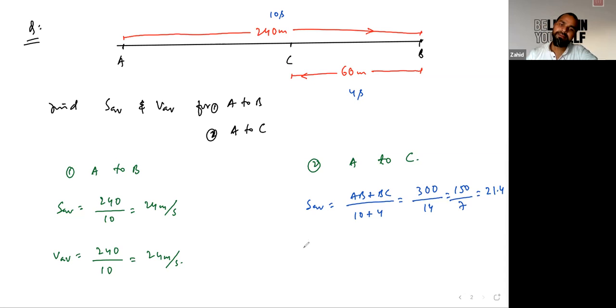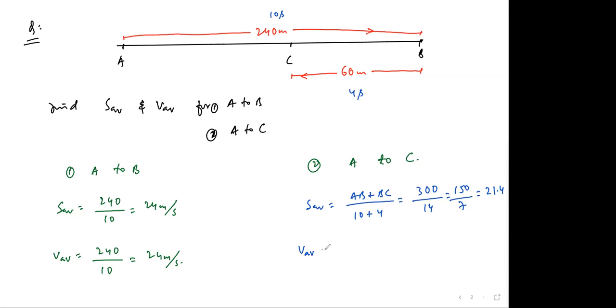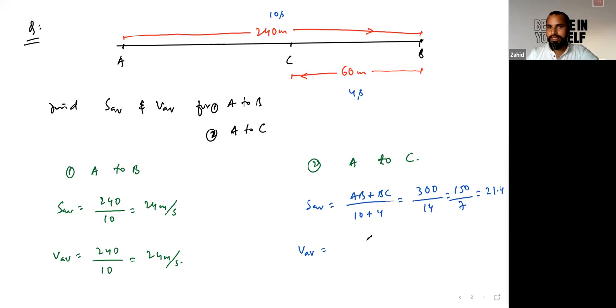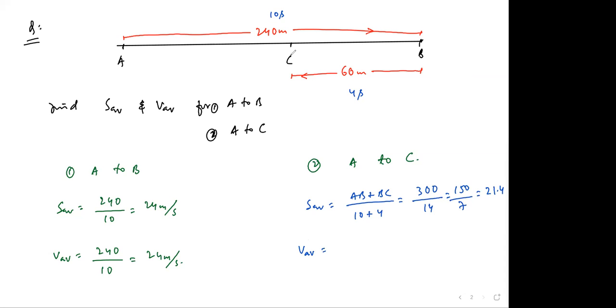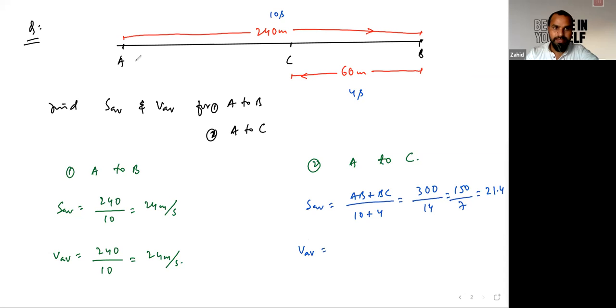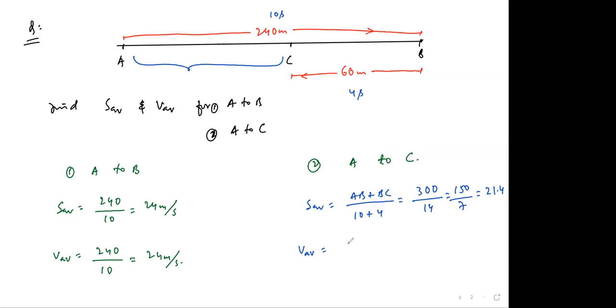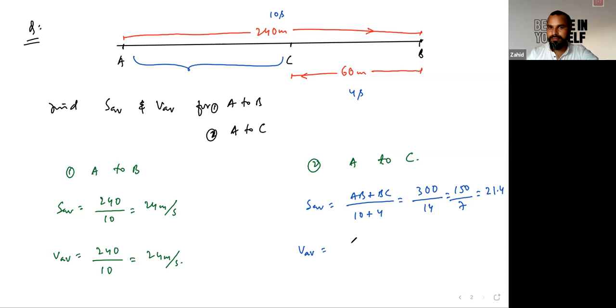What about average velocity? It is the net displacement for the journey. We started from A and the final destination is C, so we need the net displacement between A and C. How to calculate AC? AB minus BC. AB is 240 and BC is 60.